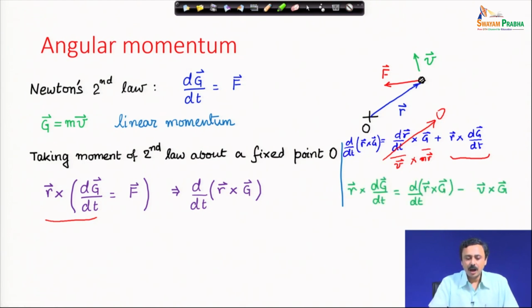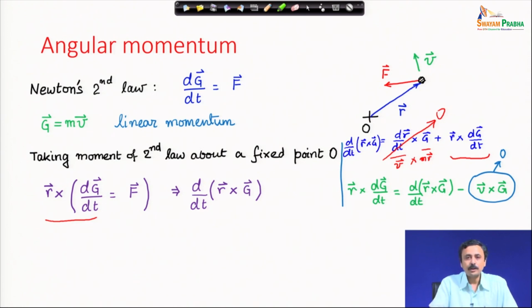Therefore, r cross the rate of change of linear momentum can be written as d/dt of r cross G minus v cross G, and v cross G is 0. Therefore, r cross rate of change of linear momentum is the rate of change of the moment of the linear momentum. r cross G is the moment of the linear momentum.